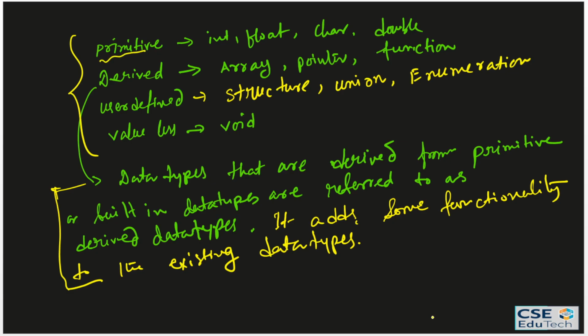Primitive means int, float, character, double. Derived means array, pointer, function. Derived data types do not create any new data types; rather they use the primitive data types and enhance some functionality of the existing primitive data types. User defined means the user defines this kind of data types: structure, union, enum. And valueless is known as the void data type.